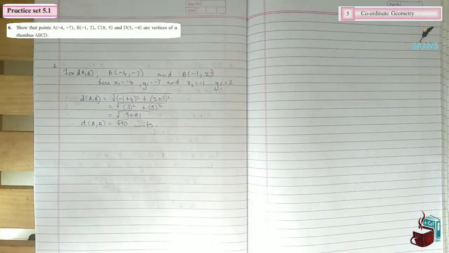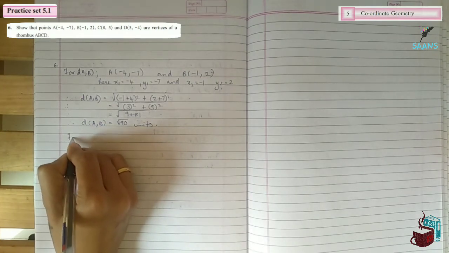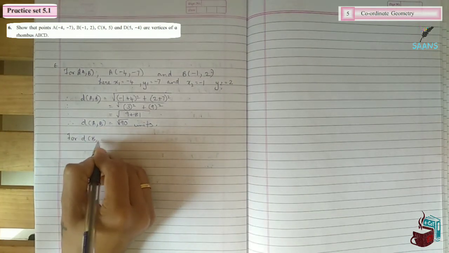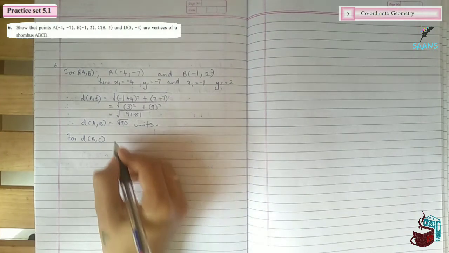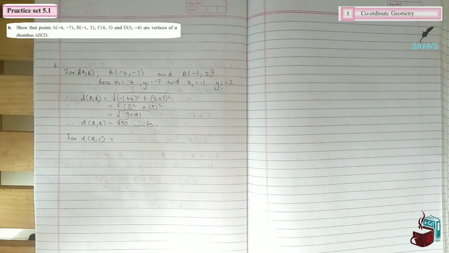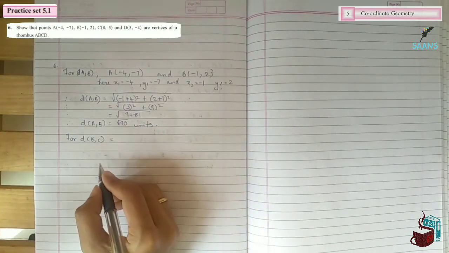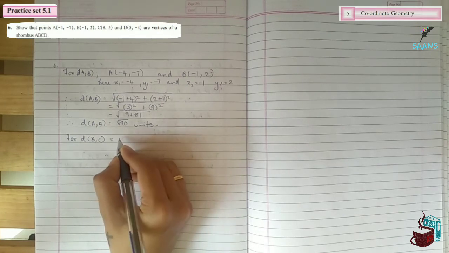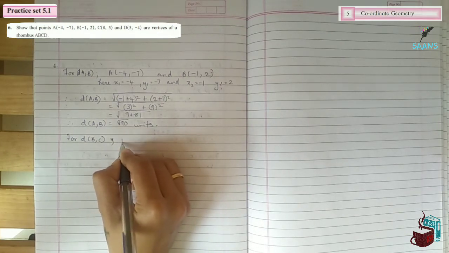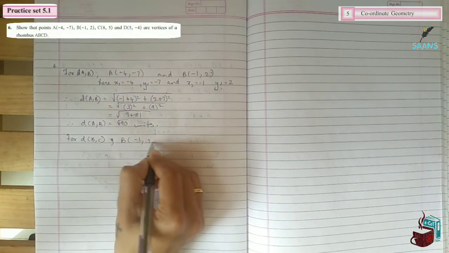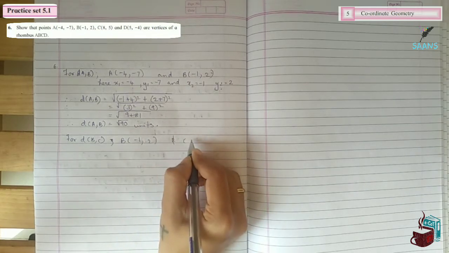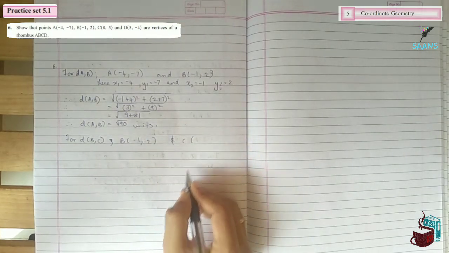Okay, let's go faster. Let's do distance BC. B is minus 1 comma 2 and C is given as 8 comma 5.